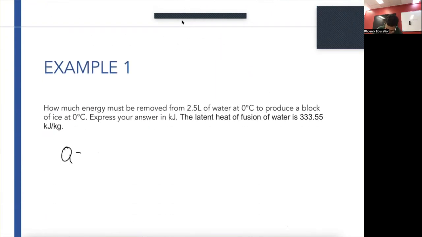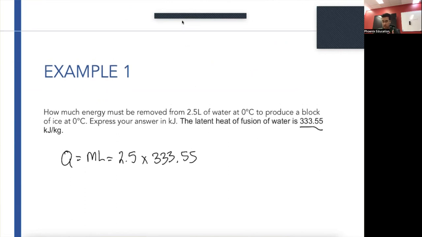If you use our formula, Q equals mL, we know that the mass is 2.5 kilos, since liters is essentially the same as kilograms, times 0.55 for the latent heat. Latent heat is a constant, so they'll always give it to you in the question. You will never be asked to know the latent heat.